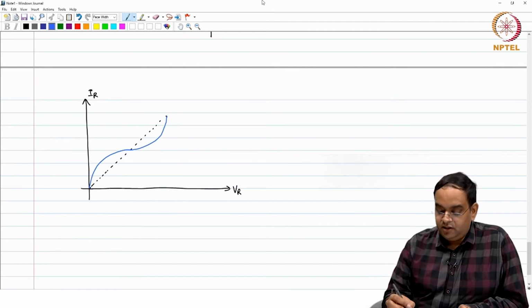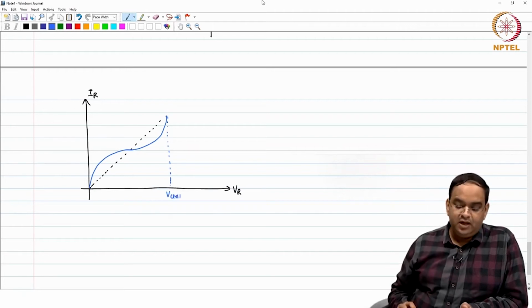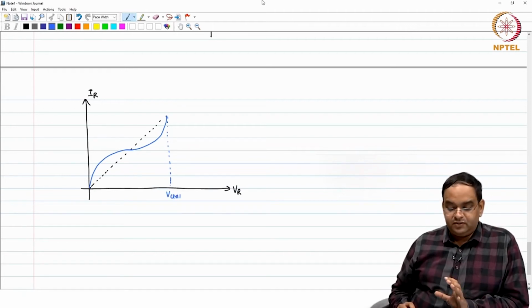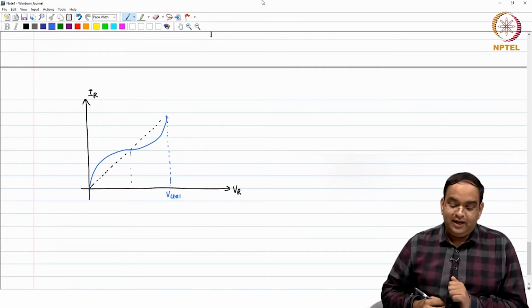Okay. And I am just writing, let us say this is for V control 1. So, IR versus VR characteristics are shown in this, or they will turn out to be like this.